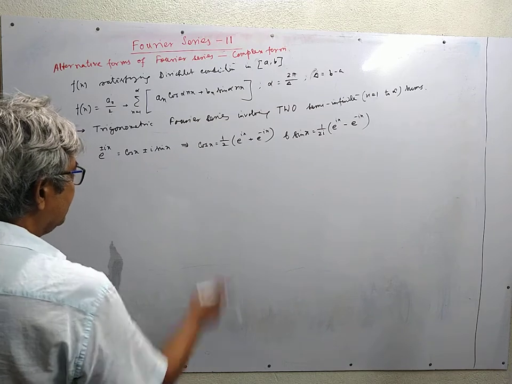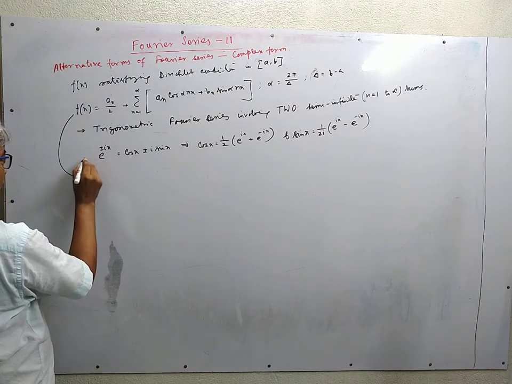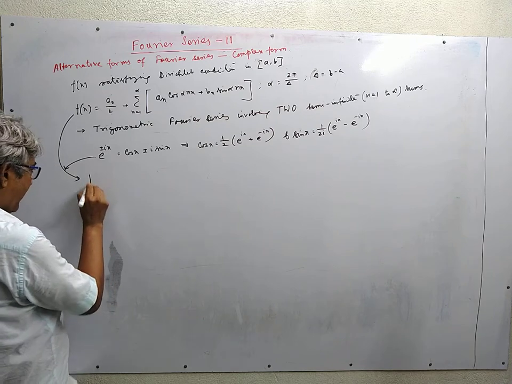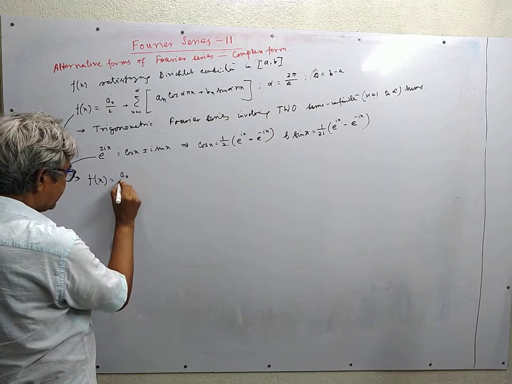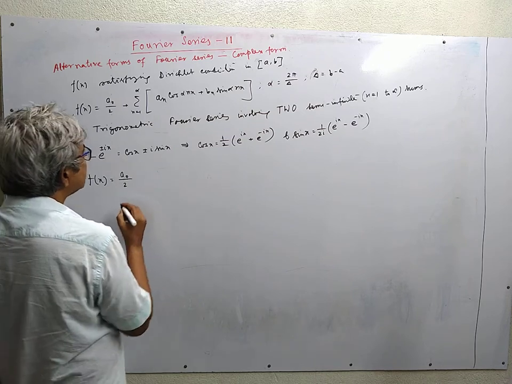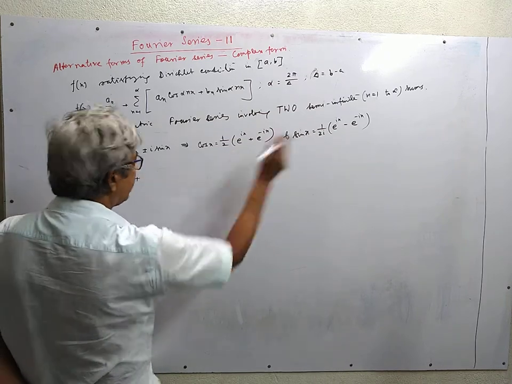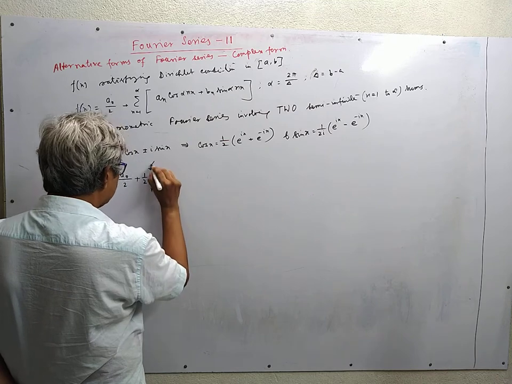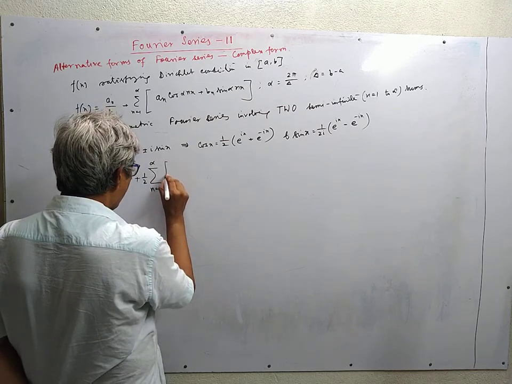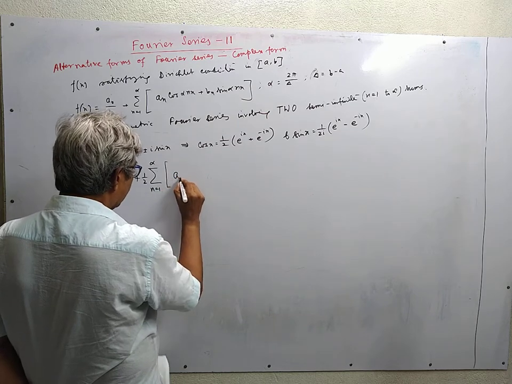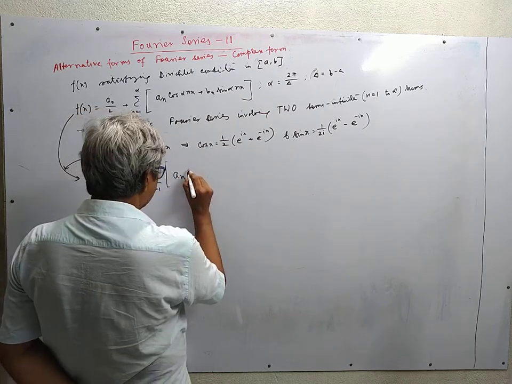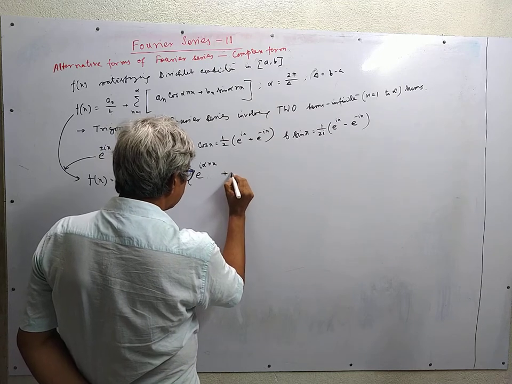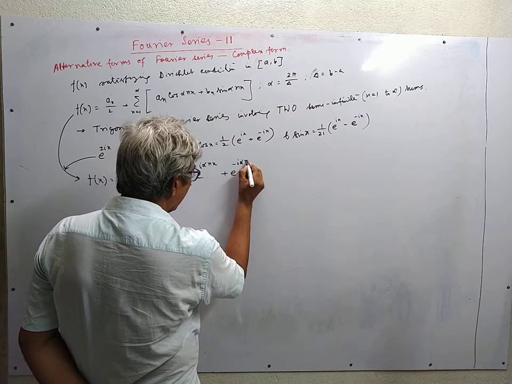If we use these Euler expressions, then f of x is equal to a0 by 2 plus, the 2 will be common, so we take 2 out, and we will have summation over n is equal to 1 to infinity of an times e to the power i alpha n x plus e to the power minus i alpha n x.